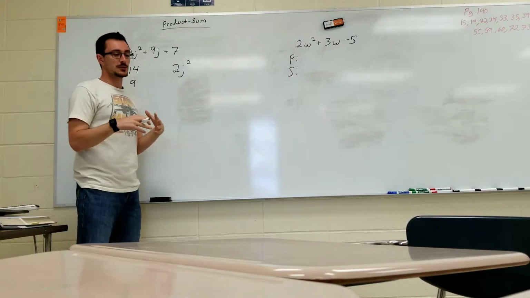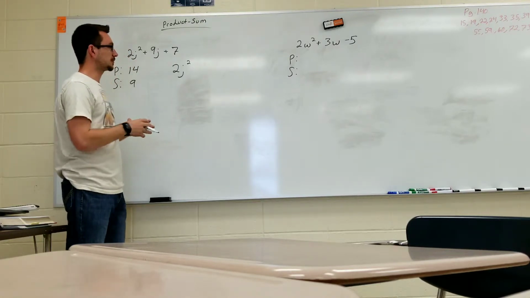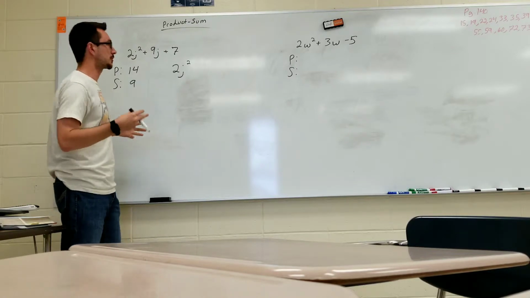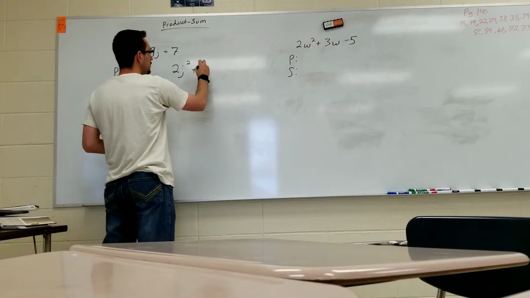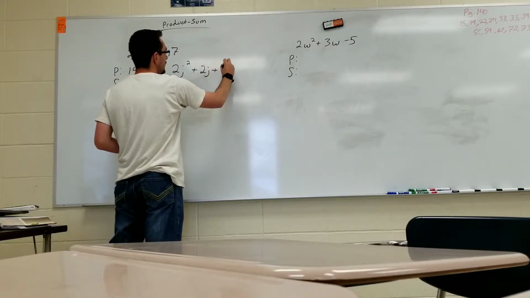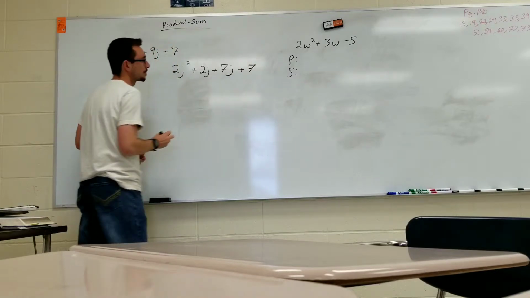Think about factoring as working distribution backwards. This specific step is like working like terms backwards. So instead of a 9j, we're going to have 2j plus 7j, and then we're going to finish off the expression like it was before.